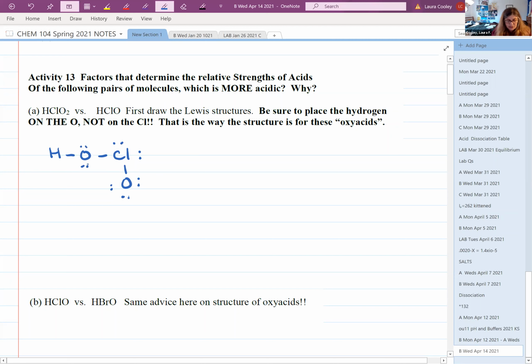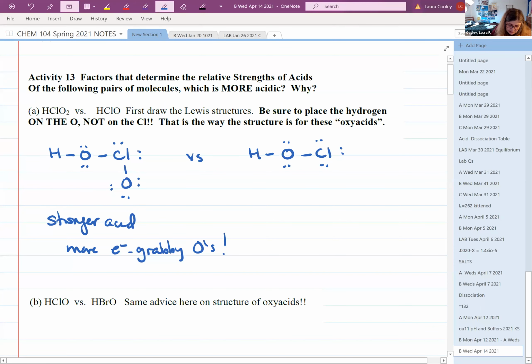But like I said, you don't often see the lone pairs. Versus HClO, which would be written this way. And this is a stronger acid because it has more grabby oxygens. So you get more of this happening this way.